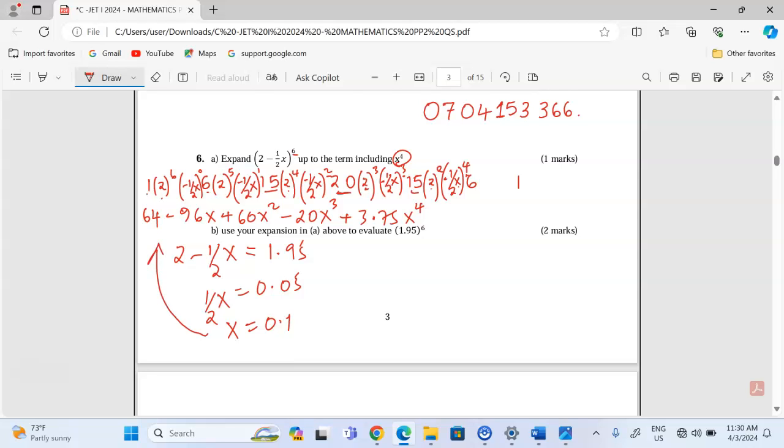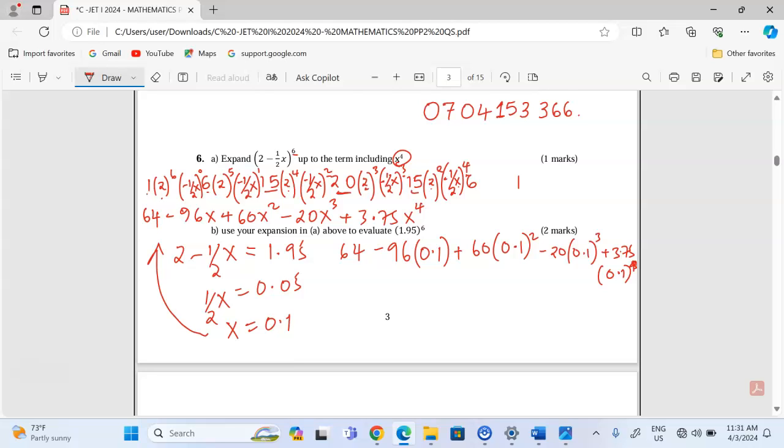Therefore, with this as the value of x, we substitute it in the expanded form up there, such that we'll have 64 minus 96 times 0.1, plus 60 times 0.1 squared, then minus 20 times 0.1 power 3, plus finally 3.75 multiplied by 0.1 power 4.